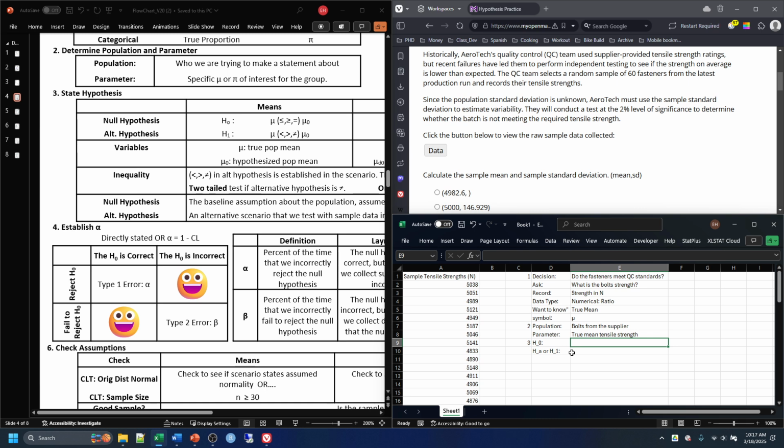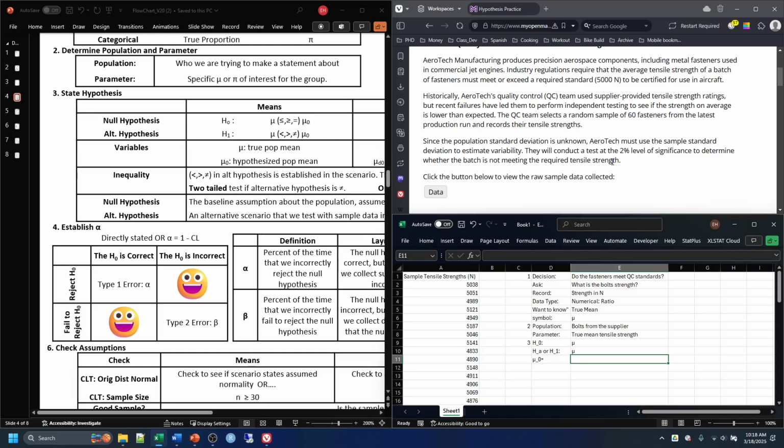So we're going to say that mu, and I'll put the other one down here too. And we need to know if this is going to be, for our alternative hypothesis, less than, greater than, or not equal to some baseline value or some hypothesized population mean. So I'm just going to put in that mu sub 0, or I'll call this mu naught, the hypothesized true mean is some value up here, what we think the baseline strength is.